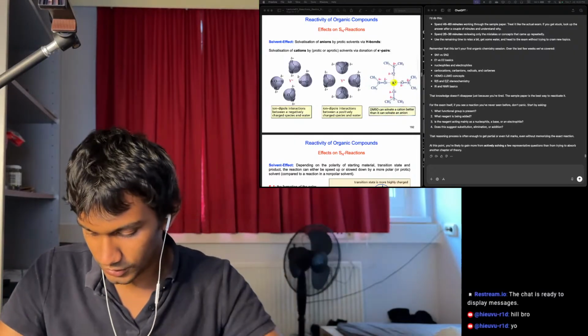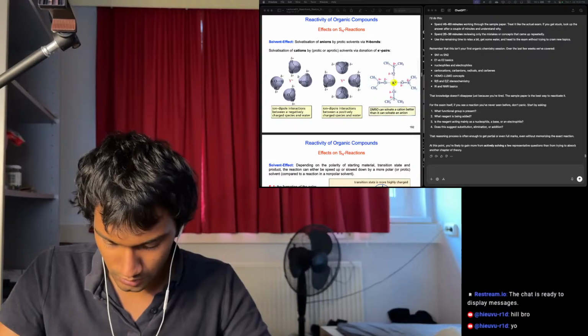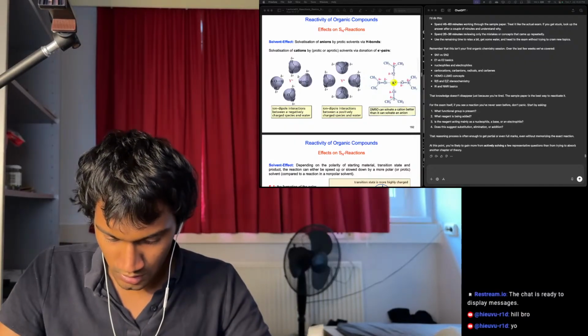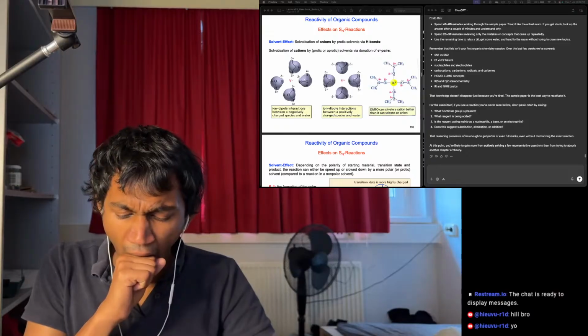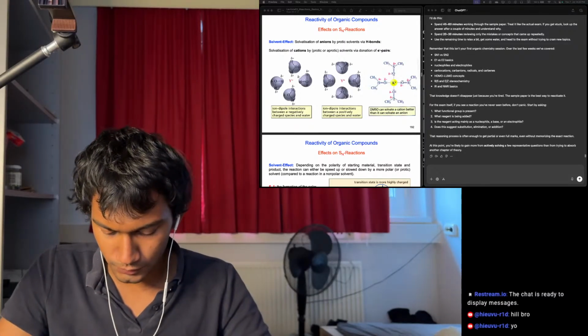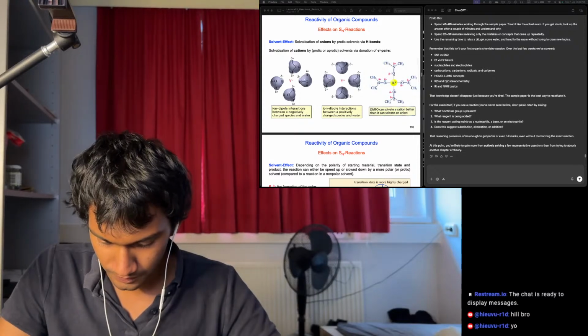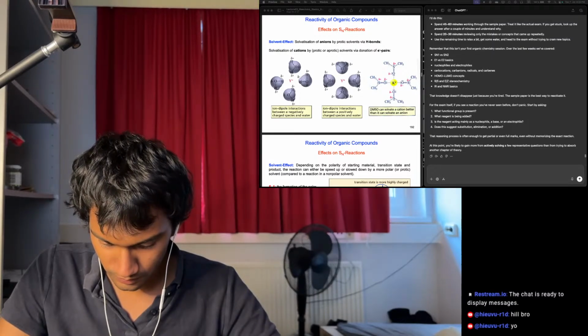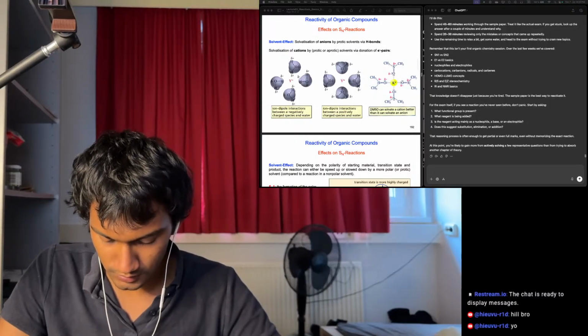So we start from a tertiary carbon. We move to the transition state.